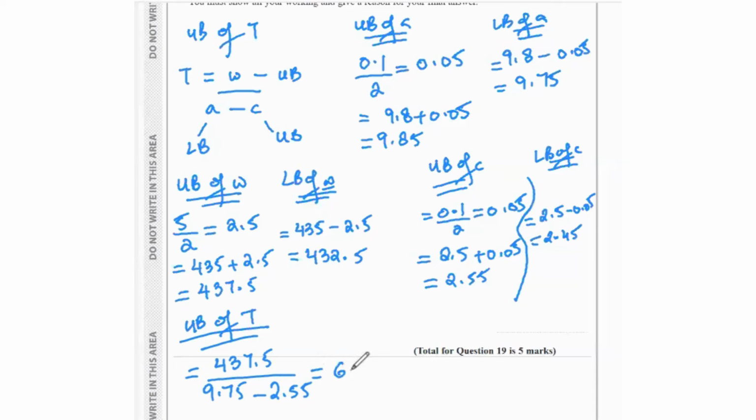That's 60.76. And then for lower bound of T, we do 432.5 over 9.85 minus 2.45 is going to give us 58.45.